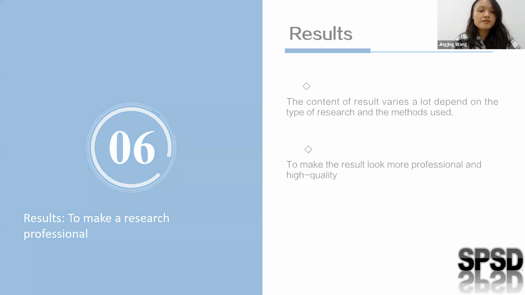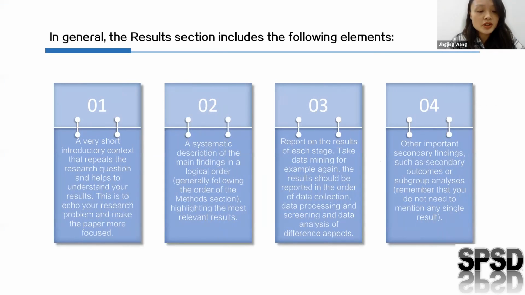So in general, the results section includes the following elements. A very short introductory context that repeats the research question and helps to understand your results. This part is to echo the research problem we previously mentioned and make the paper more focused.